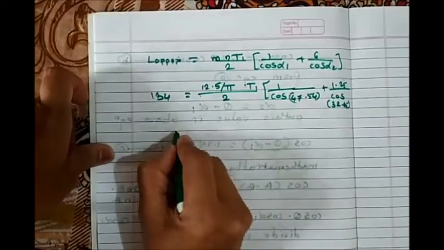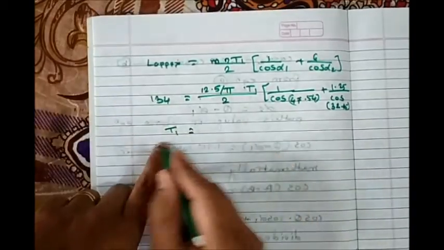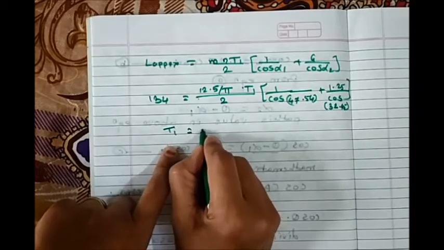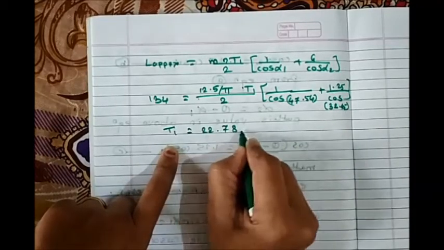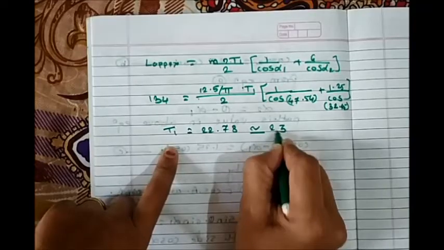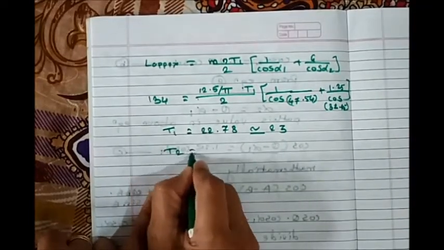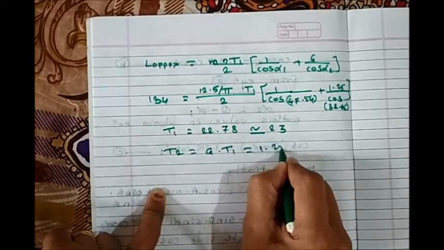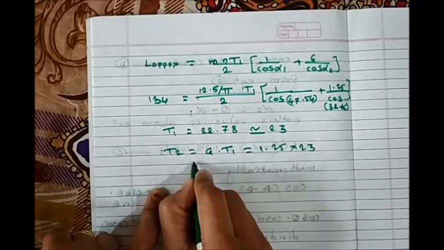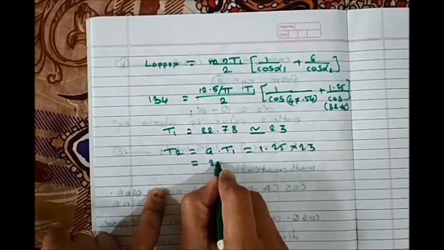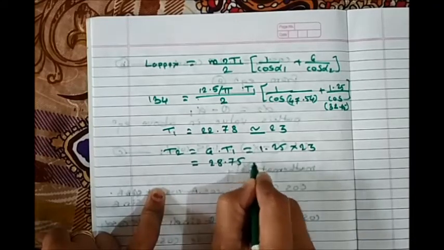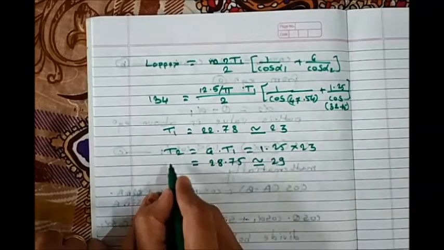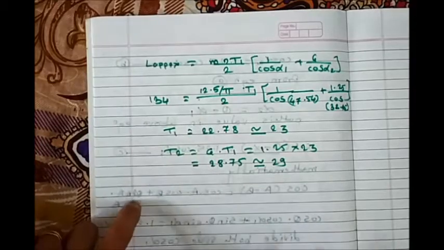Okay, so after solving this equation we get t1, number of teeth, 22.78, and that is equal to 23. So t2 is g into t1, so it is equal to 1.25 into 23, that is 28.75, which is equal to 29. Okay, so in this way we are done with the number of teeth.